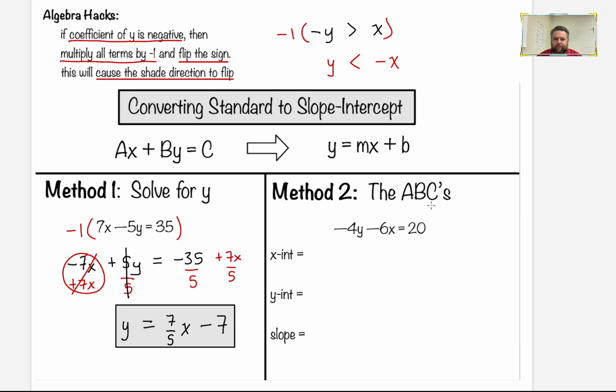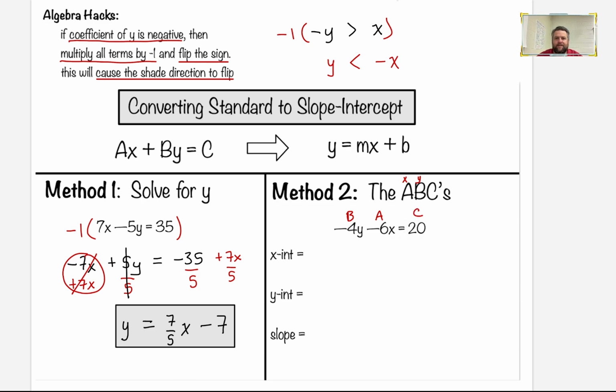Method 2, using your ABCs. So the ABCs goes this way. Your A is always beside the x, the B is beside the y, the C is the constant by itself. So in this problem here, our B is -4, our A is -6, and our C is 20.